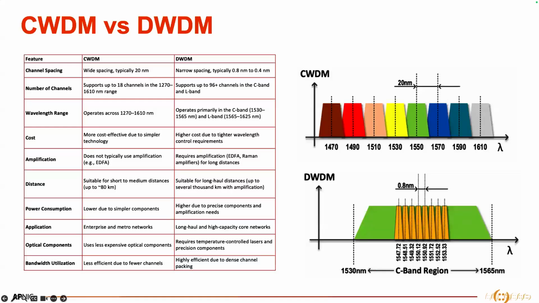Yes, Amarjit, please go ahead. Hello, sir. Can we further reduce the channel spacing in DWDM to increase the number of channels? Yes, but we do not increase the channels in that way. Please bear with me, you will understand these things by the end of tomorrow.